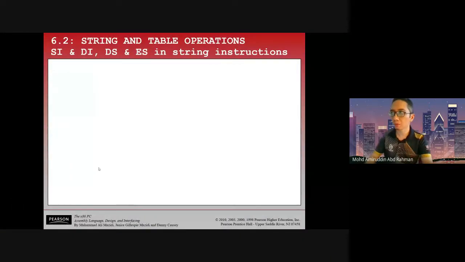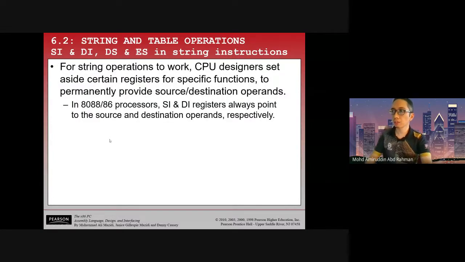So we use SI, DI, DS, and ES in instructions. This is actually the developer or the designer of the CPU design. This is for the operand, and this is for the string.